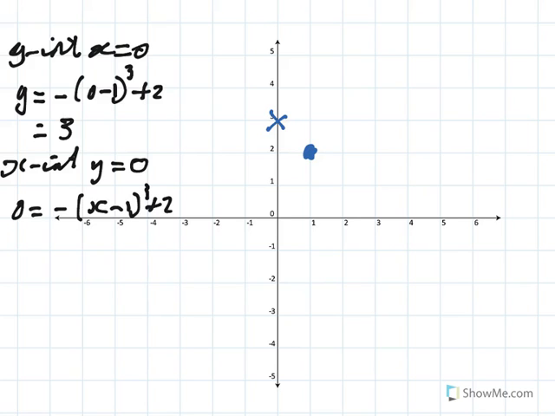And when you do some rearranging, and this is in the notes that are on the Compass page for this lesson, you get that x equals 1 plus the cube root of 2. And then you can work out what 1 plus the cube root of 2 is, and when you do that, it's about 2.25. Now, we wouldn't give that, we'd give the exact form, but what that does do is tell us that it's about there somewhere.